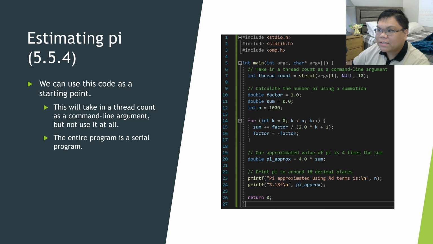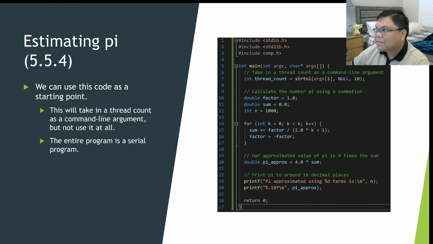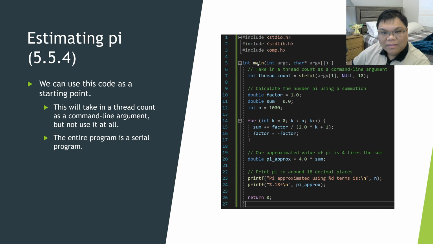So I can start off with this code here. Once again, there's nothing under my face cam, so don't worry. We can use this code as a starting point. What we'll be taking in is a command line argument for the thread count, but that's only there to give us a head start with parallelizing the code.